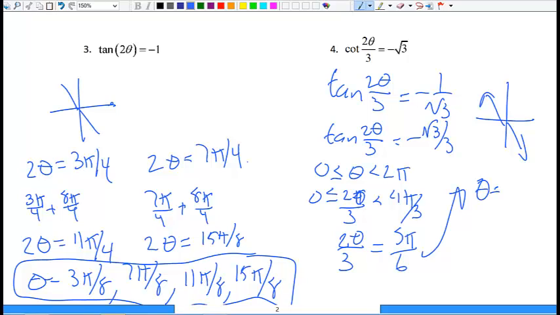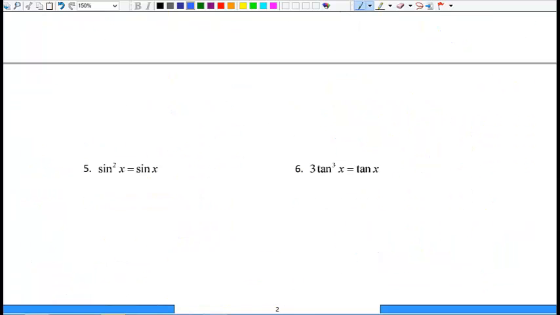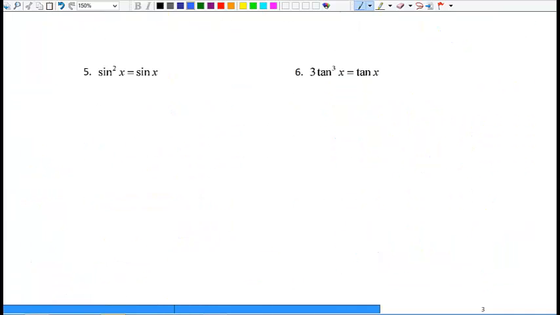So I'm going to divide by 2 and multiply by 3, so 3 halves times 5 pi 6, which gives us 5 pi over 4, would be that one. Oops, too far.